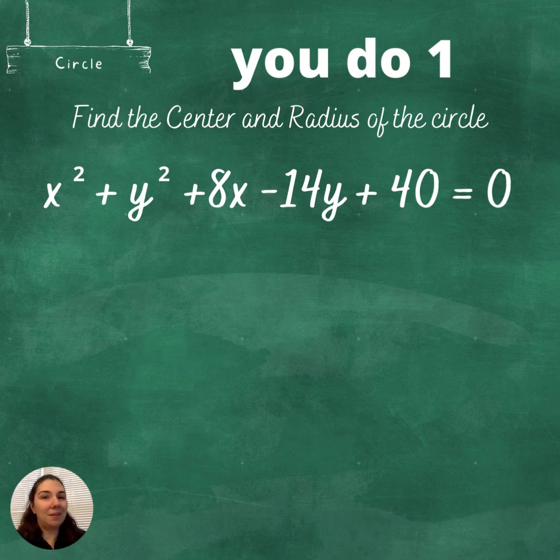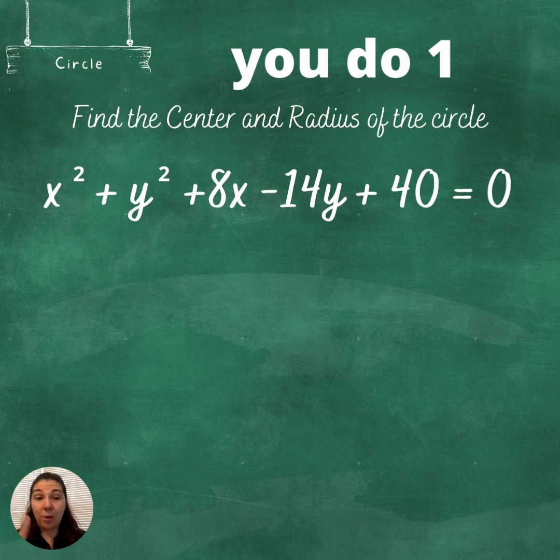So find the center and the radius of the circle. So here's the equation. X squared plus y squared plus 8x minus 14y plus 40 equals 0. So again, guys, you'd want to use completing the square to write this equation of the circle, and then from there, you would identify the center and the radius.